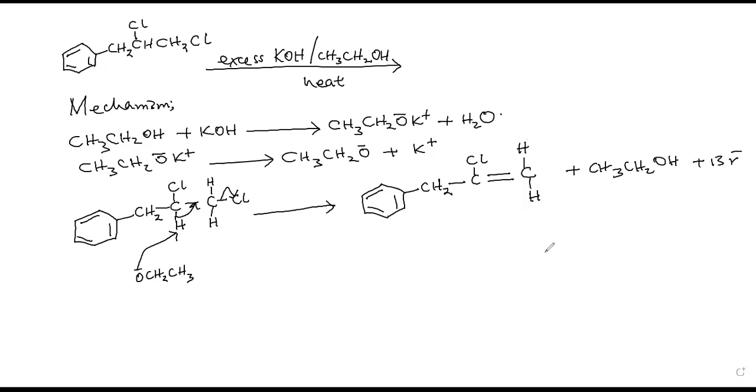So it is the excess that will come here. Then this one creates a triple bond here, the third bond, then this one will go. So this one will give you the product.